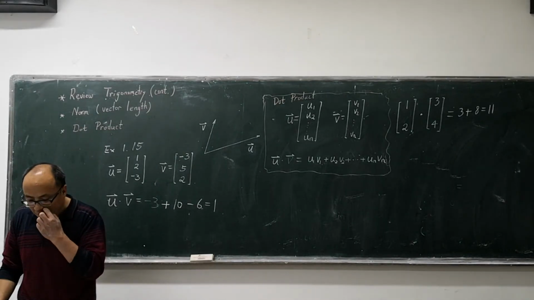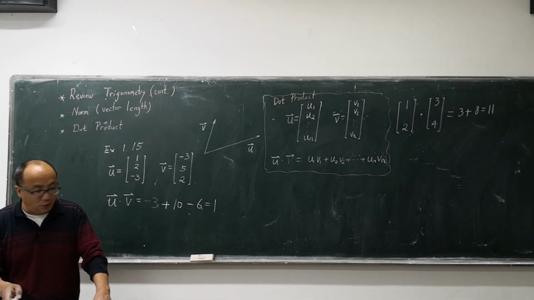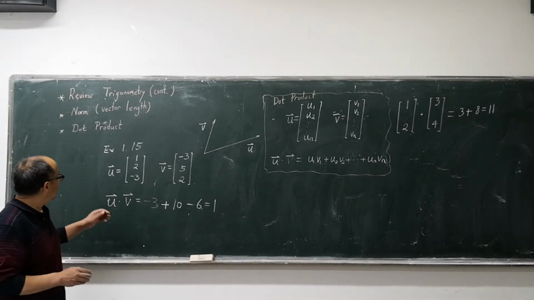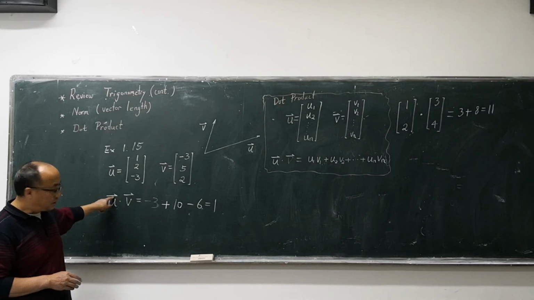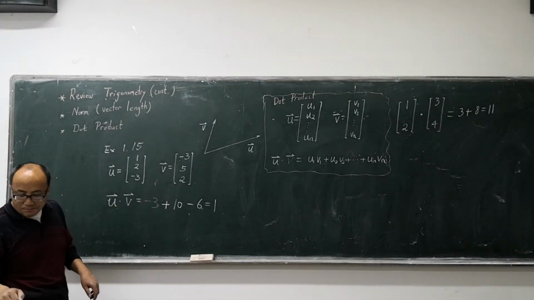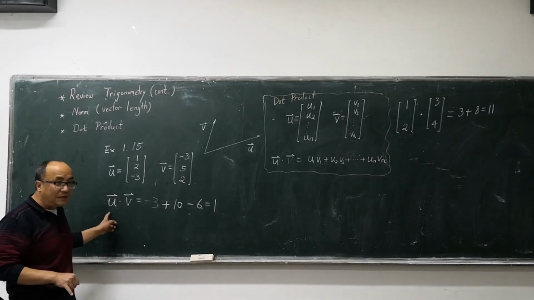When you see a dot printed on the board, in our textbook, they don't print the arrow, but they print a dot. When they print a dot, that means a vector.